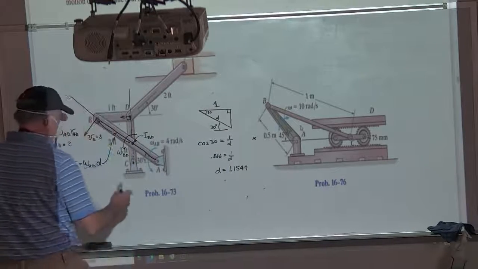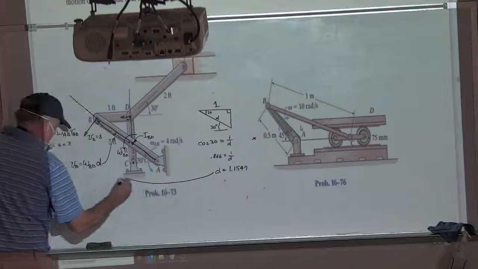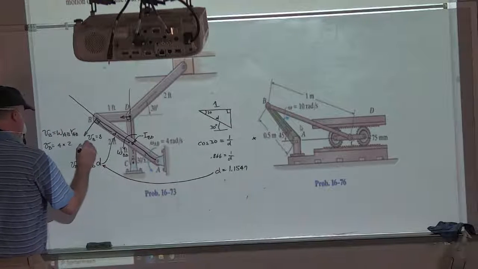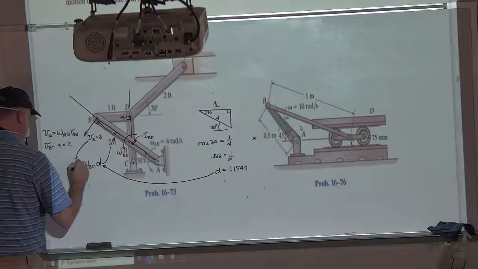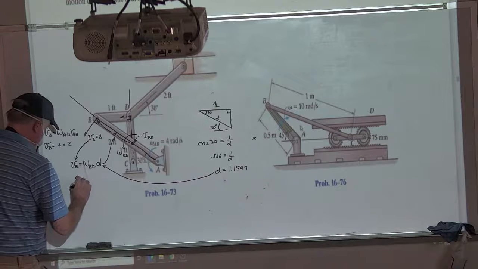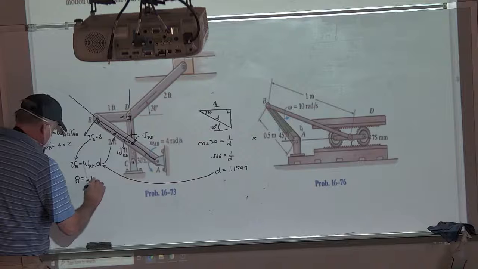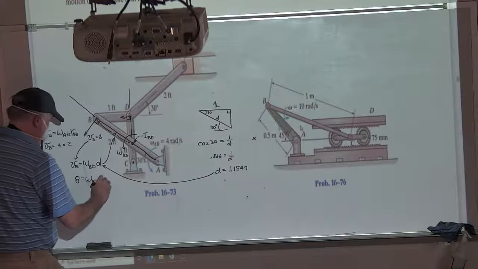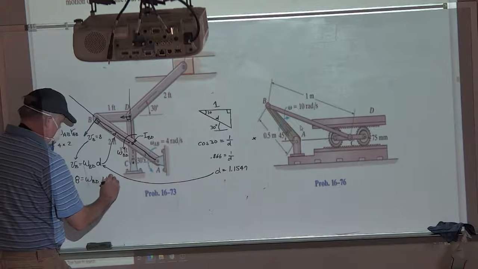Now that I have that D, I come across here. The other thing is I know that was 8. So I have 8, and I have 1.1547.